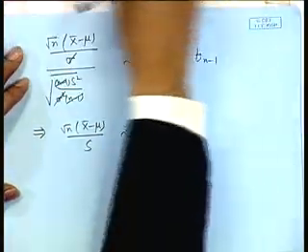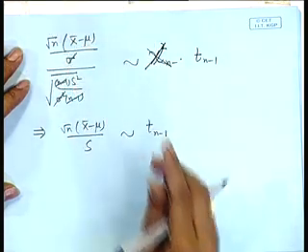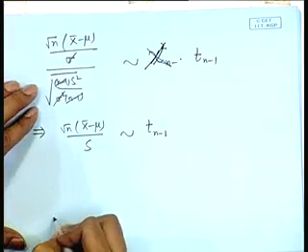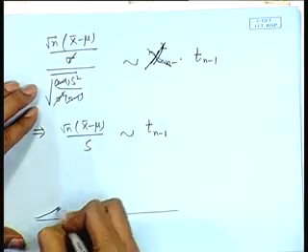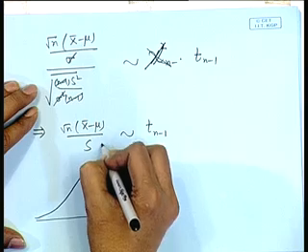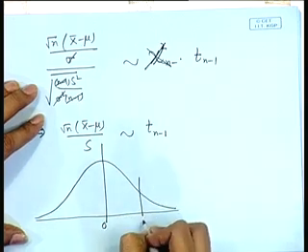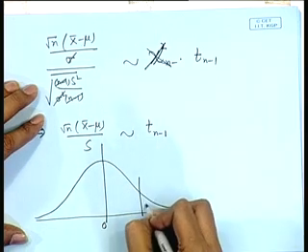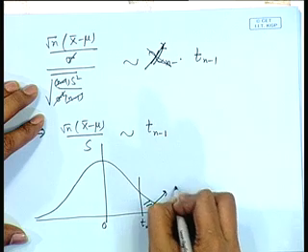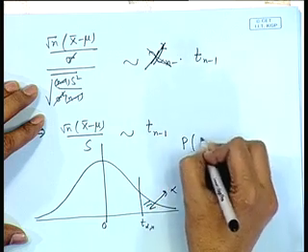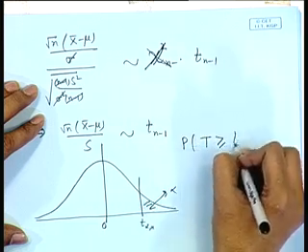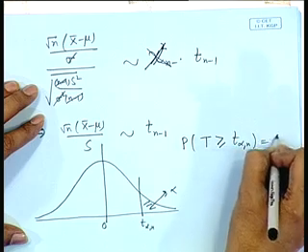Now, regarding the probability points of T distribution. The T distribution is a symmetric distribution about 0. So, if this point I call T alpha n, then the probability beyond this must be alpha. That means, probability of T greater than or equal to T alpha n is equal to alpha.